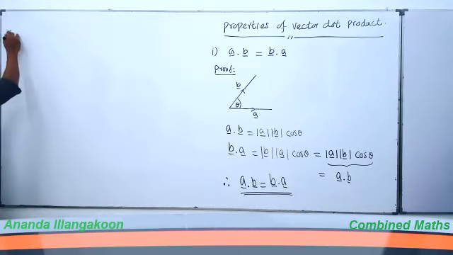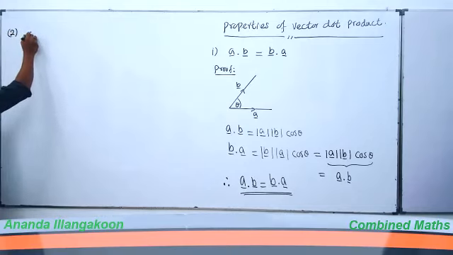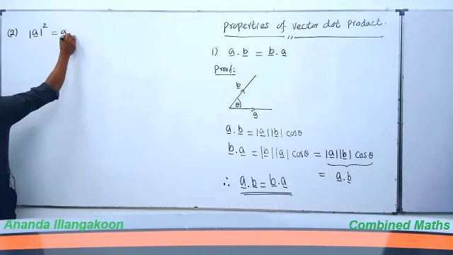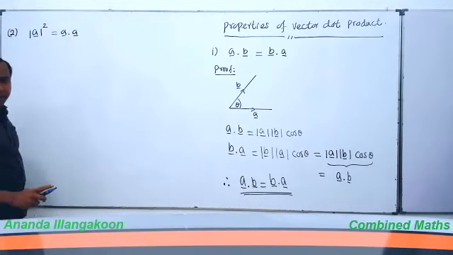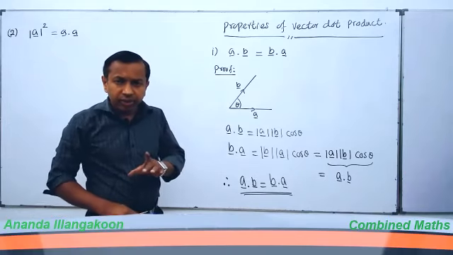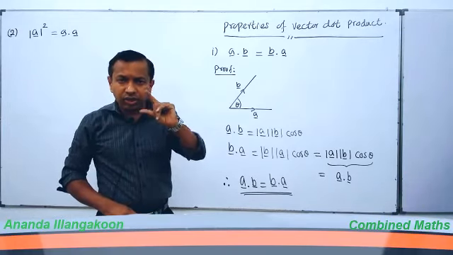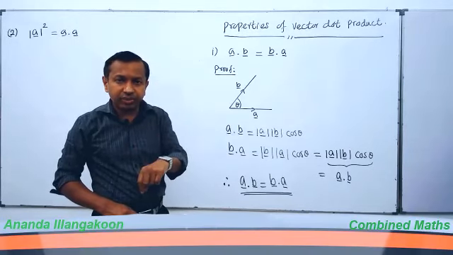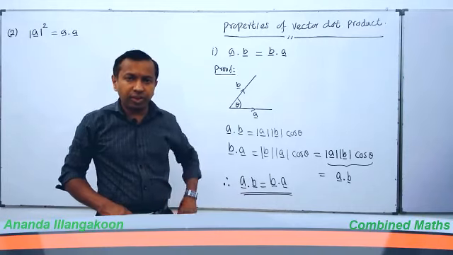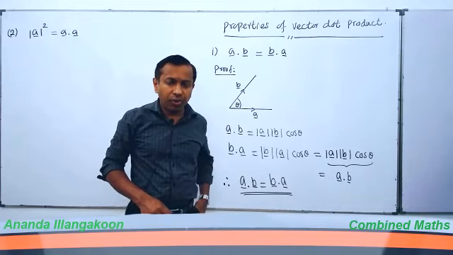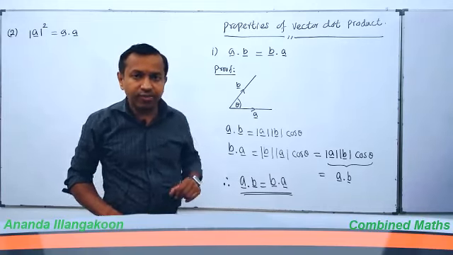Number two, people. Modulus of vector A perfect squared will be given by A dot A. That means if we need to find the perfect square of the modulus of a vector, that can be obtained by taking the dot product of the vector with itself.